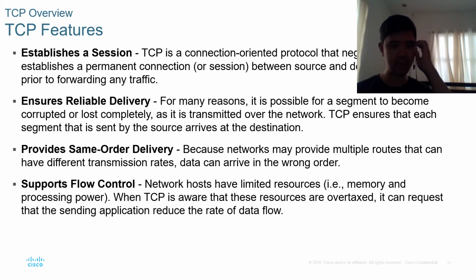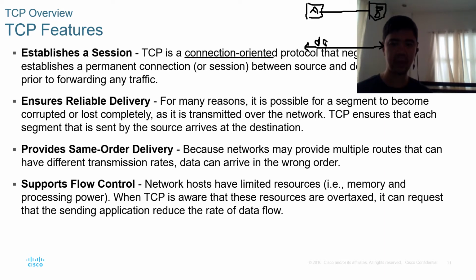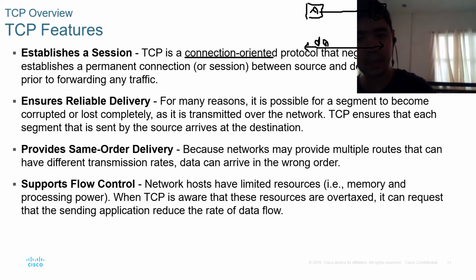So for TCP, first, TCP is connection oriented. What do we mean by connection oriented? Let's say I have two computers here, A and B. What we mean by connection oriented is that before A sends data, this part here is already data transfer.